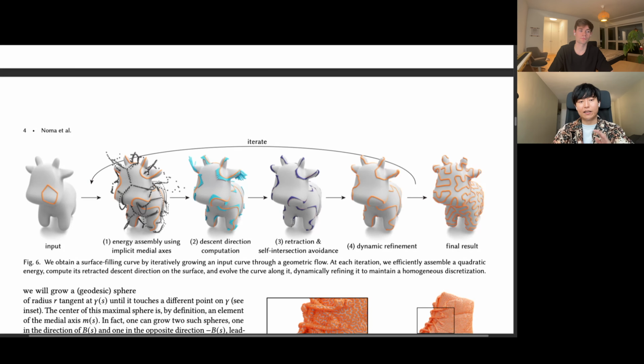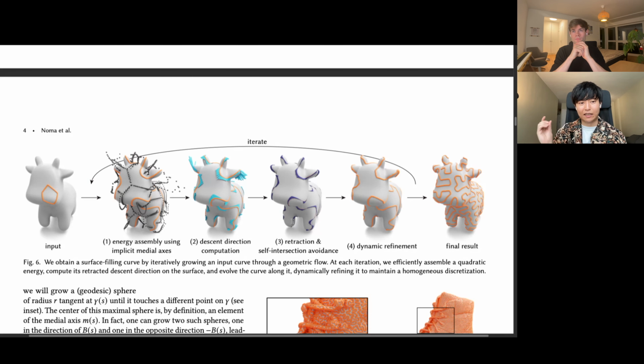And also you need to avoid these curves self-intersecting with each other. So we do a backtracking line search, which basically first takes the step, and then if self-intersection happens, you halve the step in the gradient direction, and do the back projection again, and halve it until it doesn't cause any self-intersections.